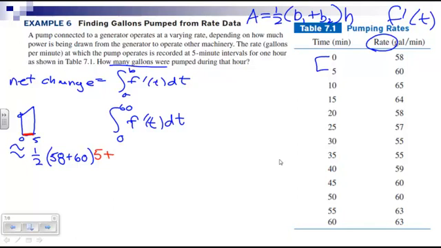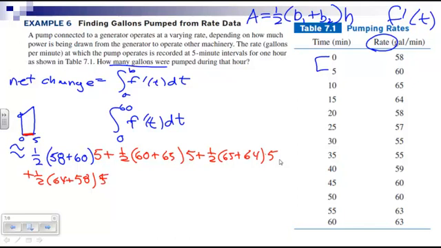Second trapezoid, 1/2 (60 plus 65), its height is 5 again, plus 1/2 (65 plus 64), and the height of that trapezoid is 5, plus 1/2 (64 plus 58) times 5, plus 1/2 (58 plus 57) times 5.